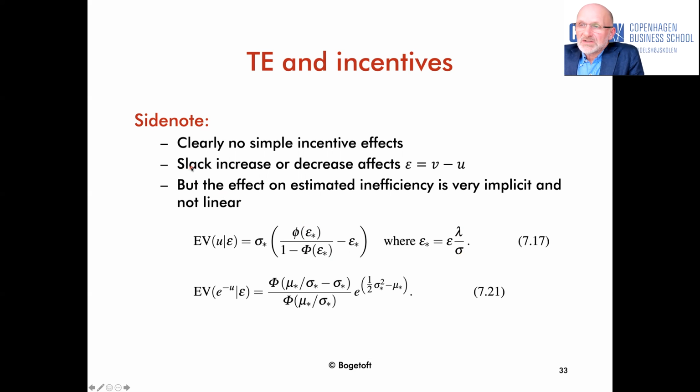So if you increase your slack, if you introduce more inefficiency, what will happen is that if you eat like 100 of the breads that you're producing, so this U is now minus 100, it's like a slack you introduce.